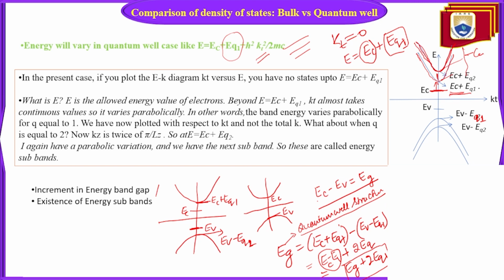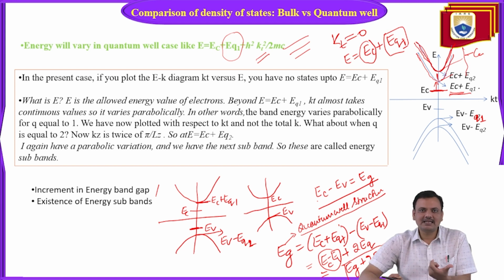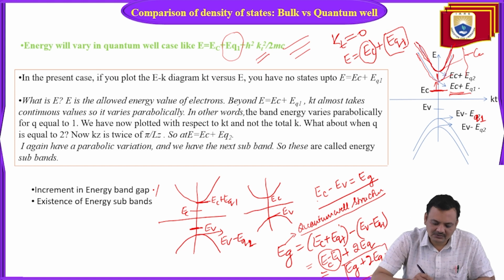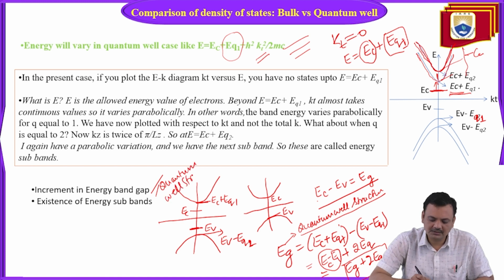If the energy band gap value for the bulk semiconductor is Eg, then the same material will show the energy band gap value Eg plus 2Eq1 for the corresponding quantum well structure, means there is an increment in energy band gap, and that's why the quantum well structure is important for band gap tuning.